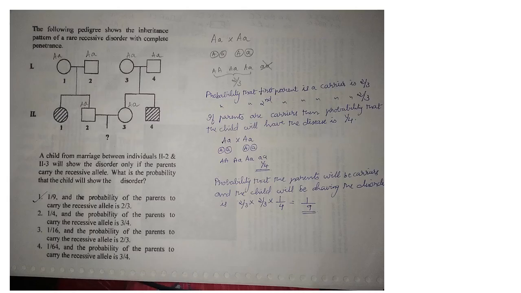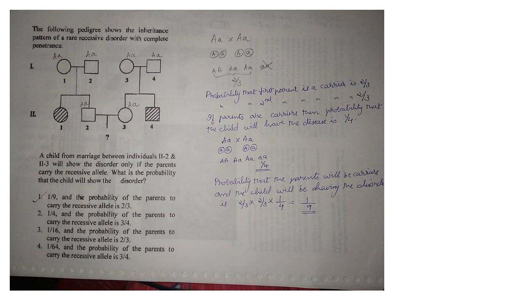Then next one. The following pedigree shows the inheritance pattern of a rare recessive disorder with complete penetrance. A child from the marriage between individual 2-2 and 2-3 will show the disorder only if parents carry the recessive allele.